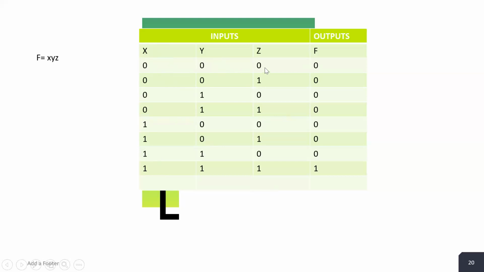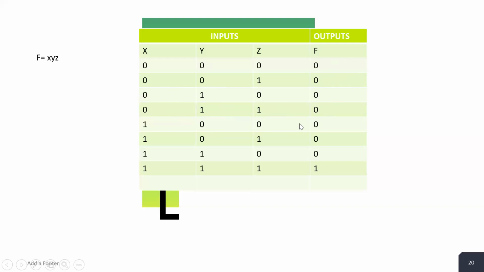When three zeros are the first row, three zeros are multiplying, the output is 0. In the next also multiplying, the output is 0. Okay, and when 0 1 0 are multiplying, the output is 0. When 0 multiplied by 1 multiplied by 1, the output is 0.